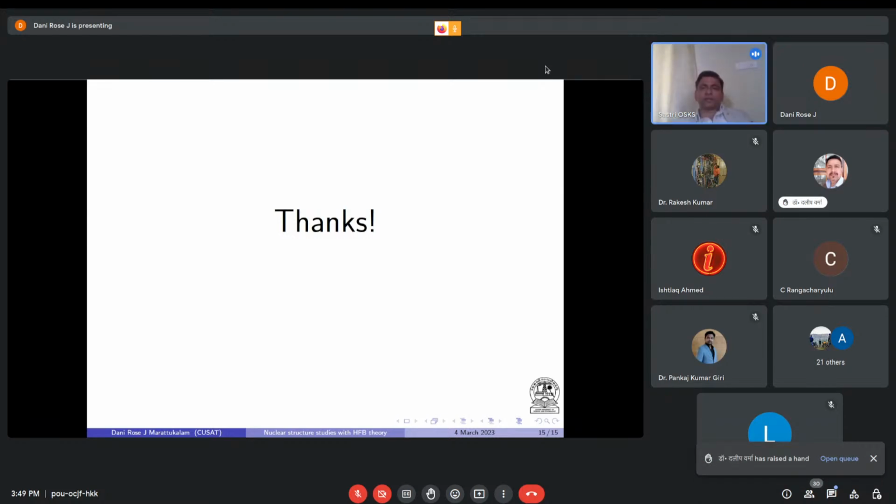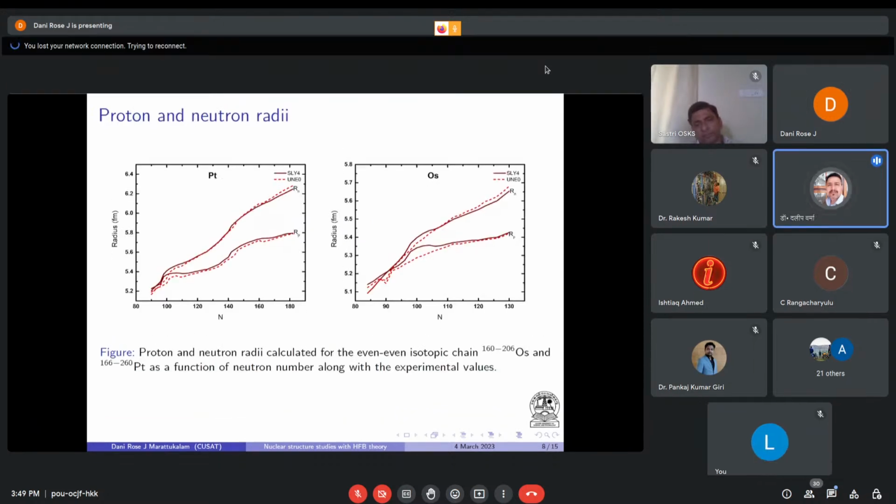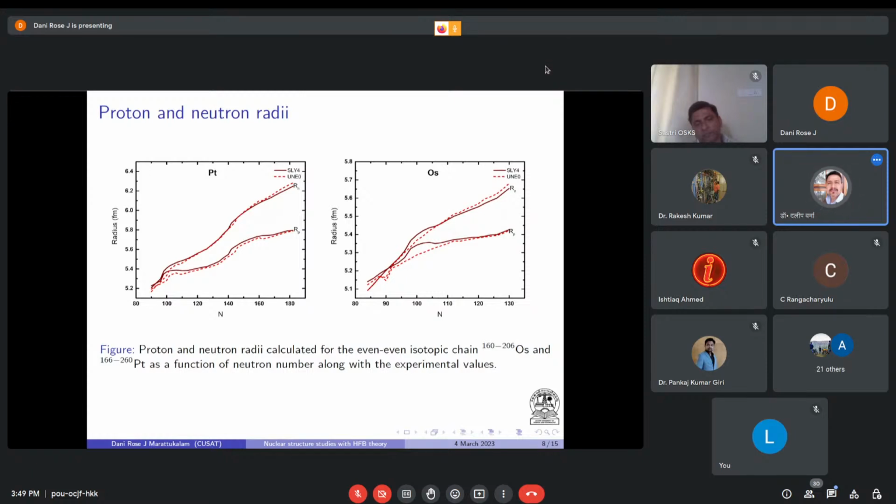Any questions? Yes, sir. Can you show me your slide number 8? Here you are showing the proton and neutron radii calculated for the even isotopic chain.